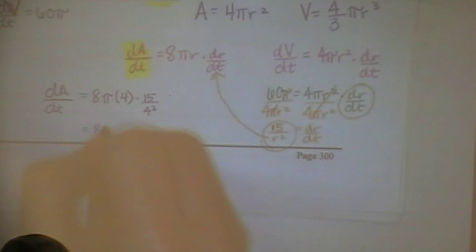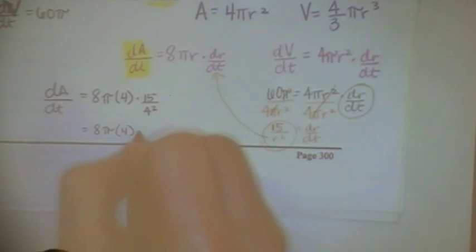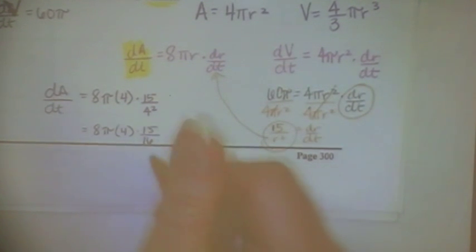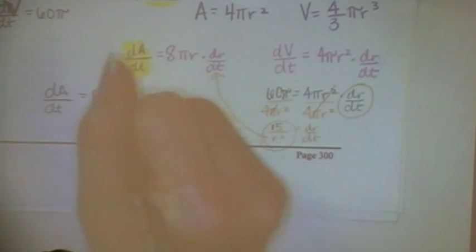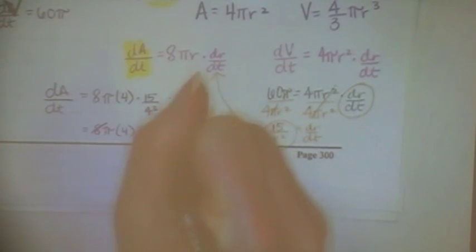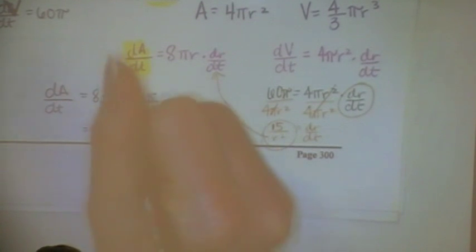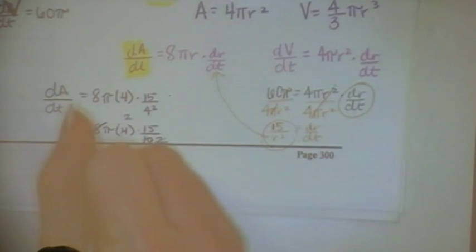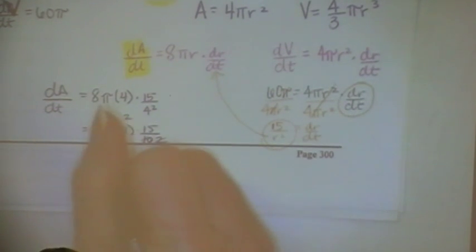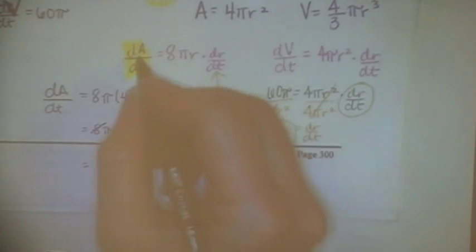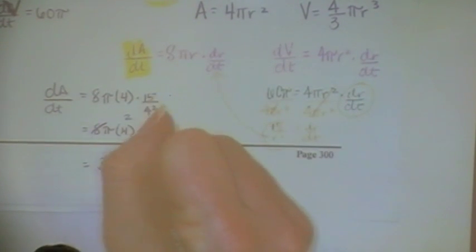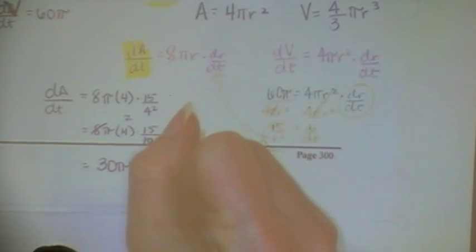So that's going to be 8 pi times 4 is 15 over 16. So I end up with 30 pi. This is dA/dt, so it's inches squared per second.